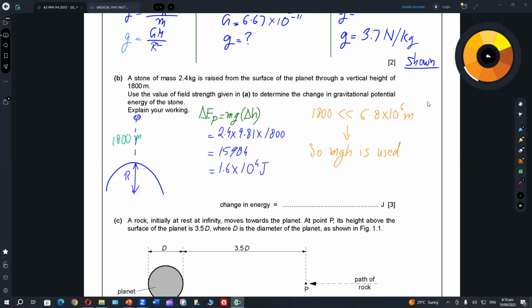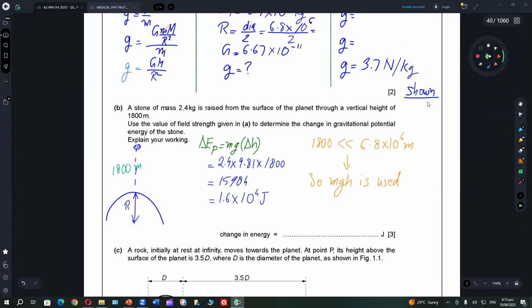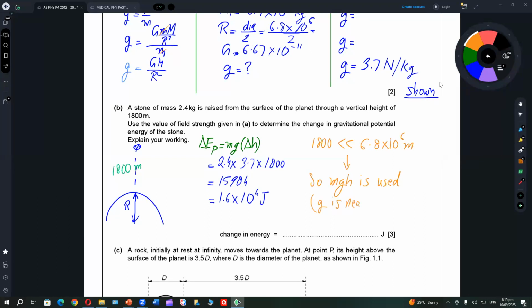Remember this very technical concept that mgh cannot be used always. g is nearly the same, so that is why we are allowing the use of g.